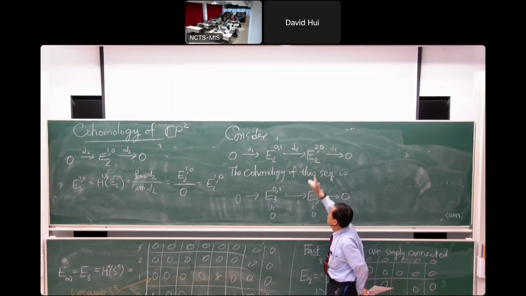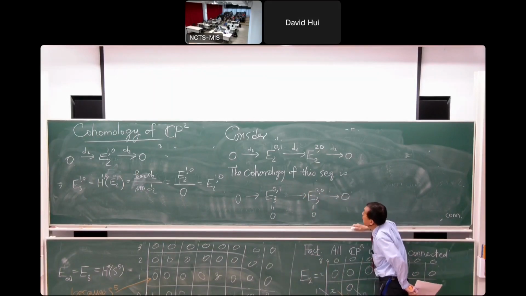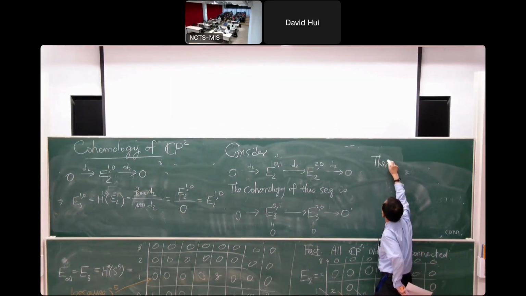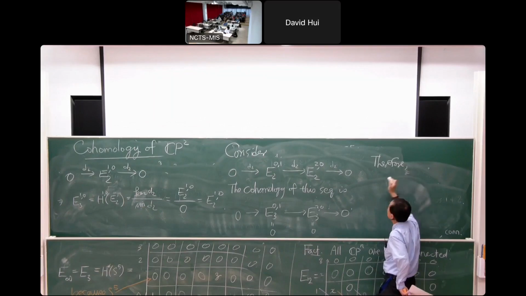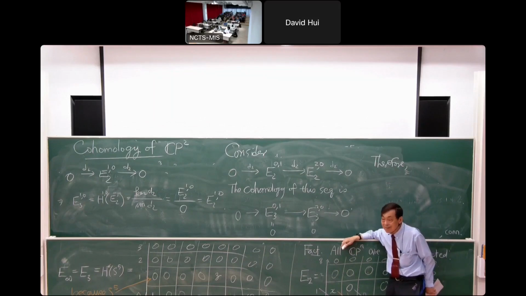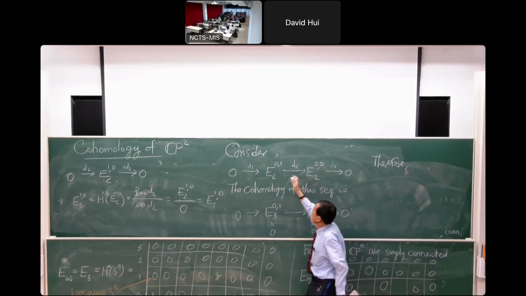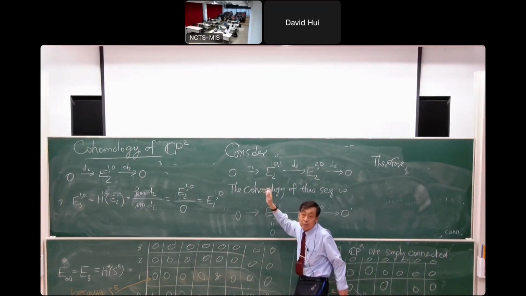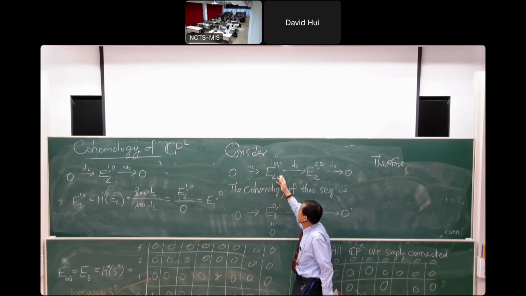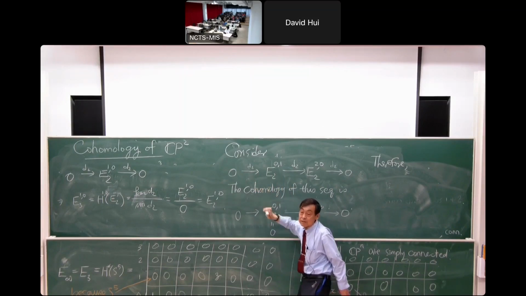What does that say about that sequence? When the cohomology is 0, what can you say about the sequence? It's exact, right? It means the kernel at any term is the image, because that's the cohomology. So it said that the cohomology is 0. That means the kernel is equal to the image at any term.